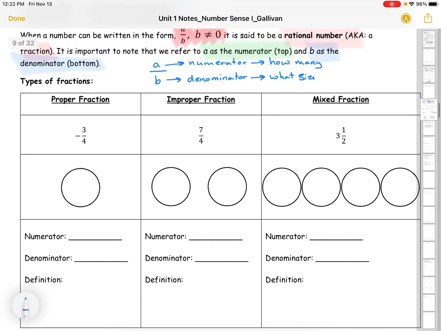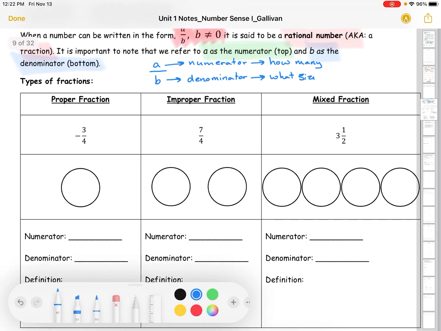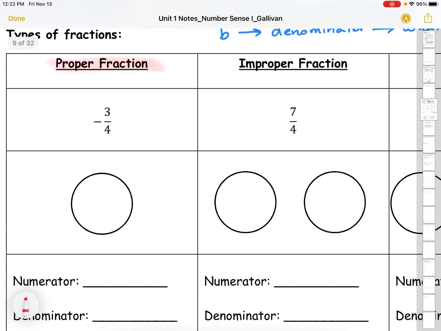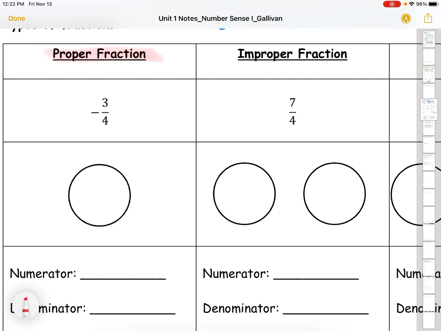Okay. Now we have different types of fractions that we can talk about. We have our proper fraction, which would be written there. In a proper fraction, the numerator is smaller than the denominator, right? And it's reduced to lowest terms.